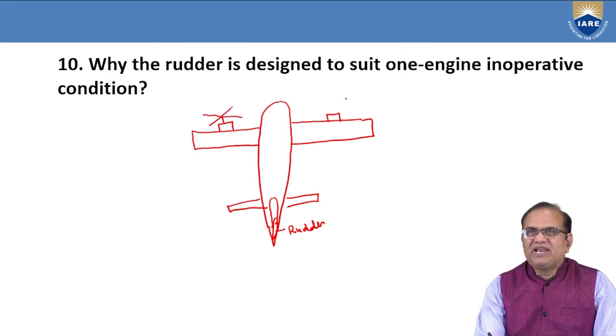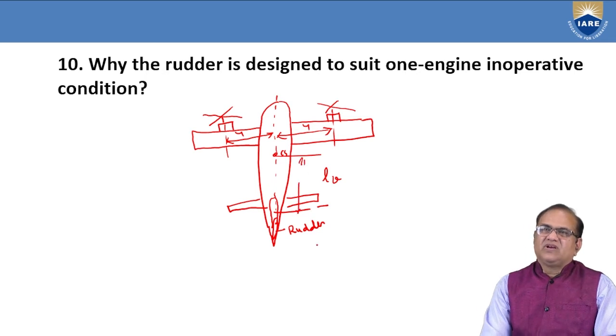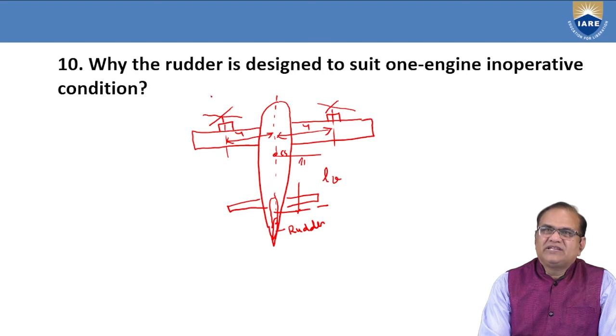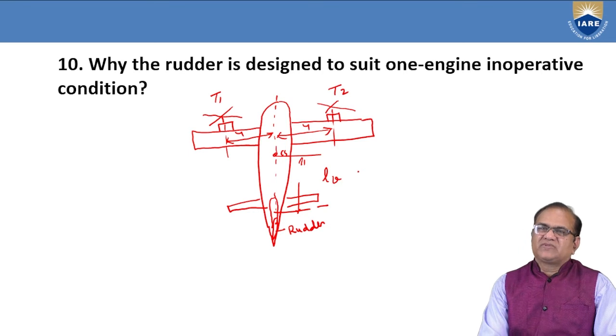I am writing here the propeller like this. The distance from here to this center is Y, and here also Y, the same distance. Here is the CG, and the distance from the AC to the CG you can write as LV. Now this is the T1 engine and this is the thrust T2.